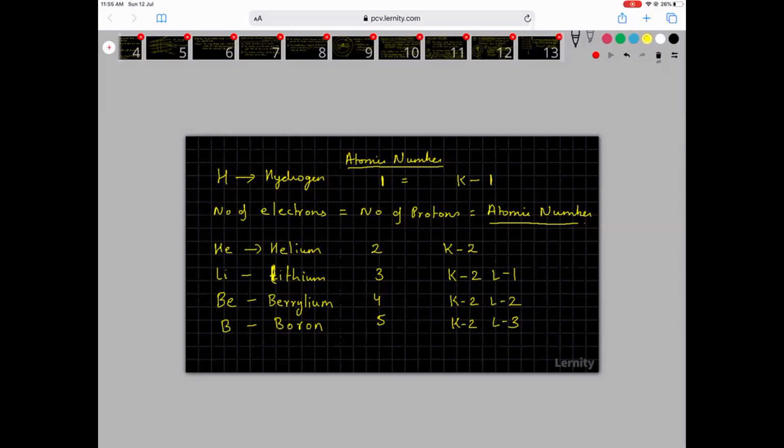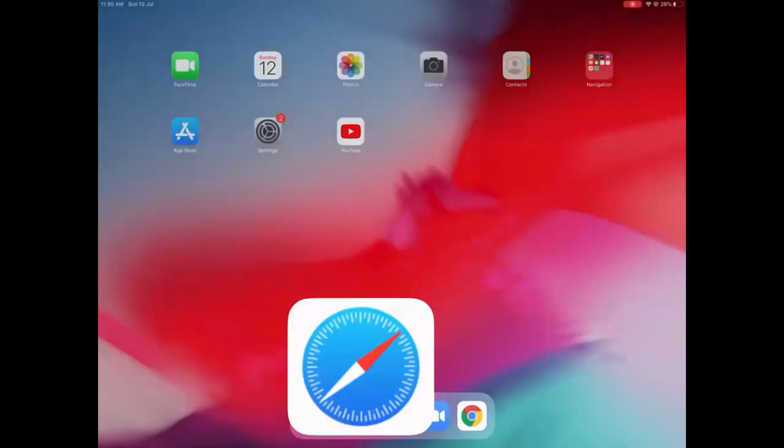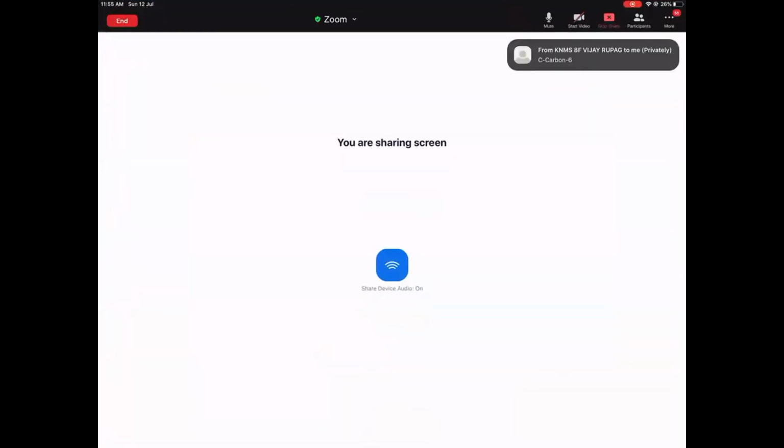So here, the maximum only in helium will be 2. Then carbon, 6 electrons. So in the K shell it will have 2, in the L shell it will have 4. Like this, we can keep filling up.